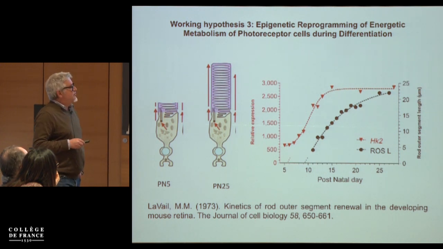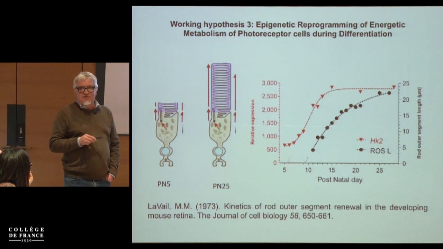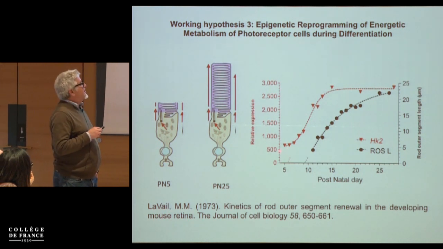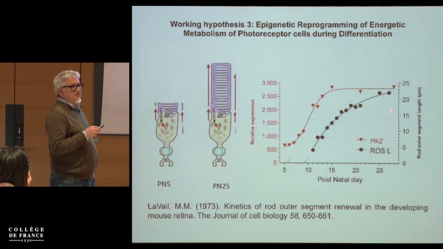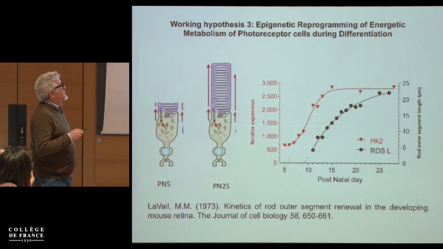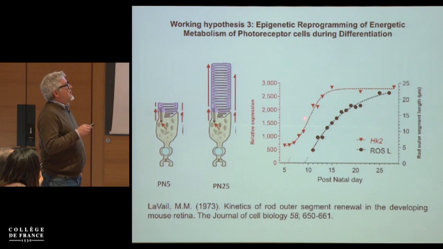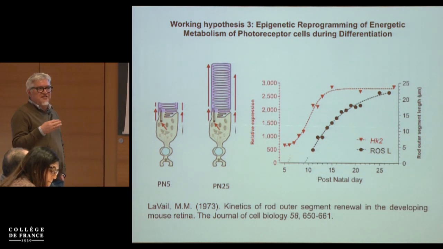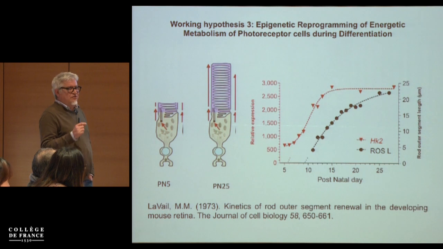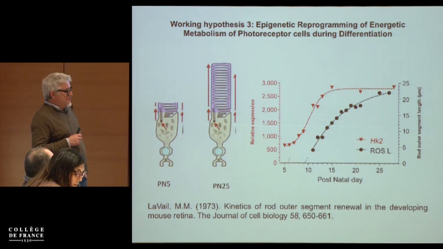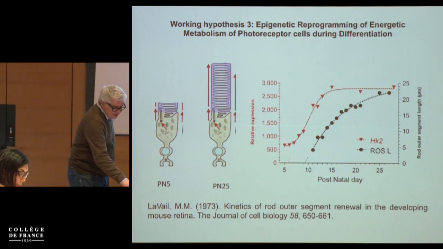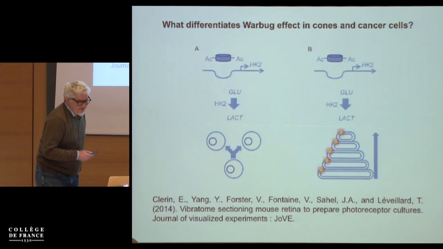But during development, there is a period when a rod photoreceptor has no outer segment and increases its outer segment. So we found in our transcriptome data that it's not only hexokinase 2, which is specific for aerobic glycolysis, but other genes in the glycolysis pathway that seem to just precede the outer segment growth. So the question is, in terms of cancer biology, nobody will answer this third hypothesis.